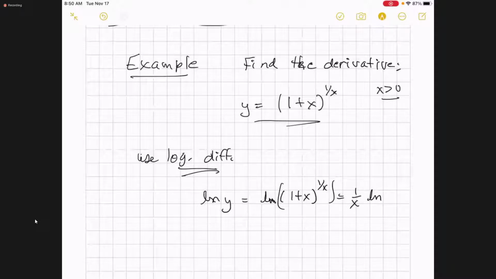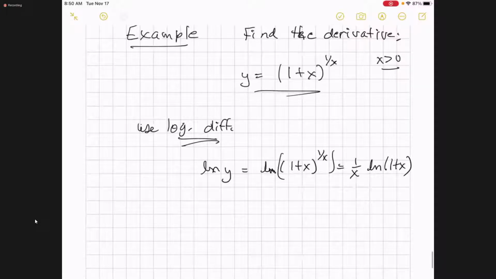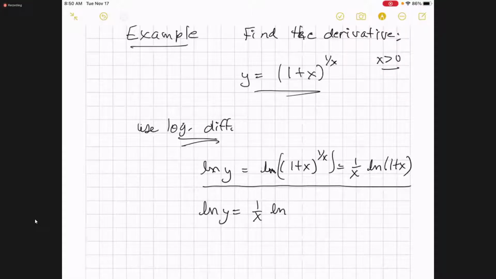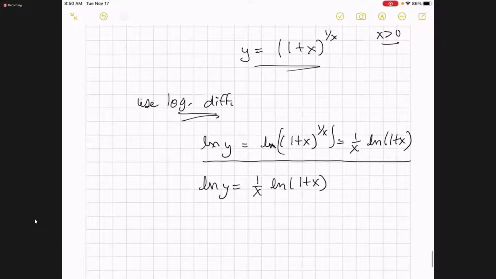Instead of having a variable base and a variable exponent, you have a product of two things involving logs. Okay, so it's somewhat simpler. So now I've got this.